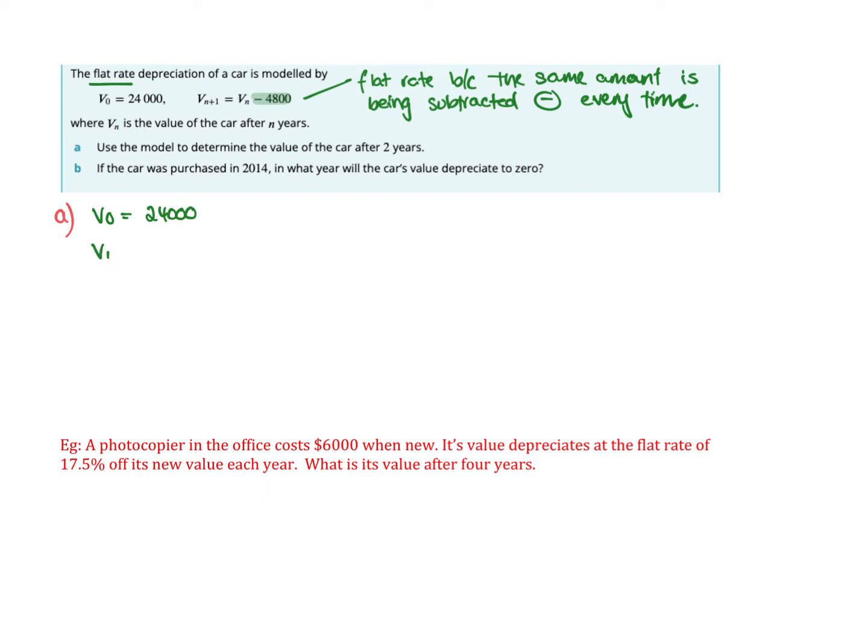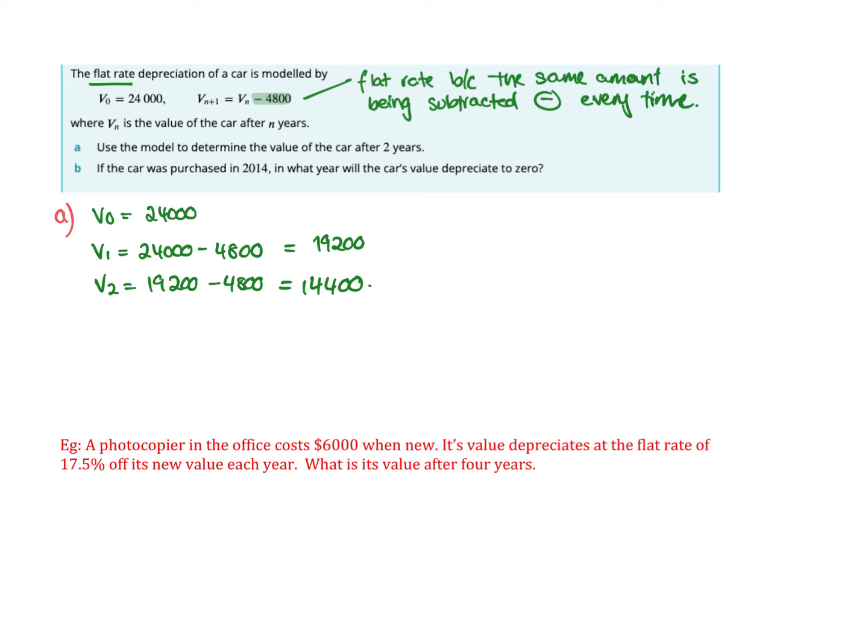Then V1 is found by going 24,000 minus 4,800, and we'd get an answer of 19,200. And then V2 would equal 19,200 minus the 4,800, which gives this. And that's all they wanted after 2 years.